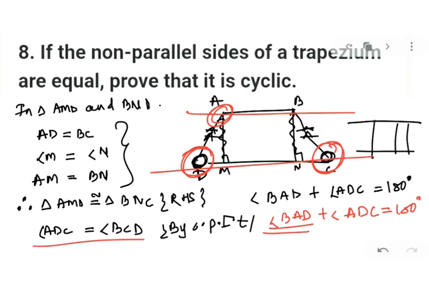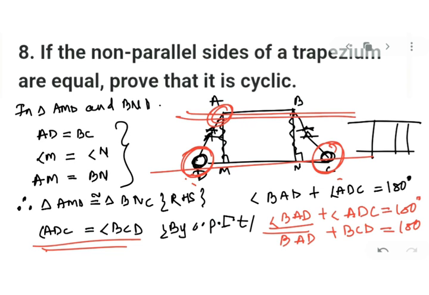Because I have just proven ADC is equal to BCD. So instead of ADC, can I write BCD? So that will be BCD, and BAD I'll keep as it is, equal to 180.